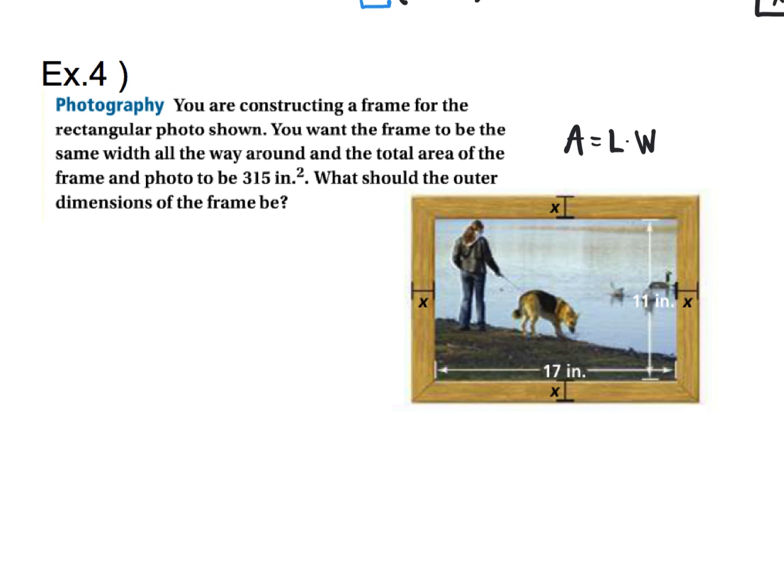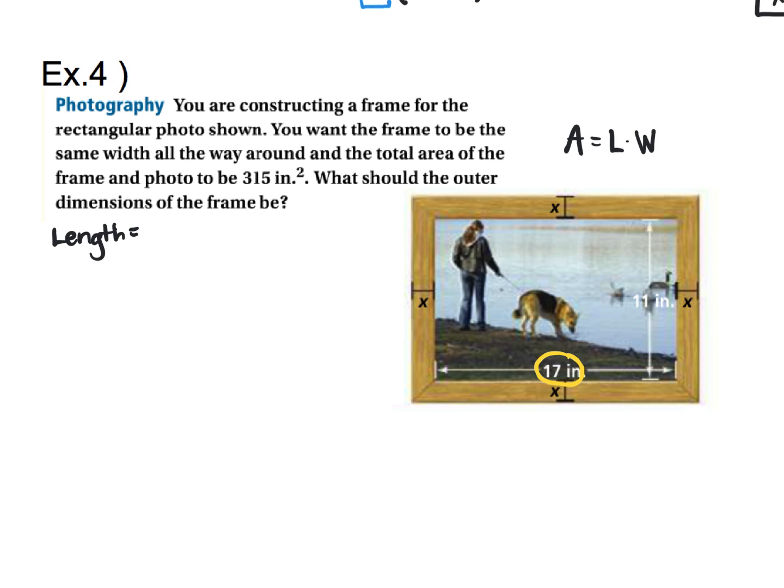Okay? All right, so we want to establish what is the length of this picture, including the wooden frame that's going around the outside. So according to the drawing, 17 is the length of the picture on the inside, but we want to include the wood on either side.